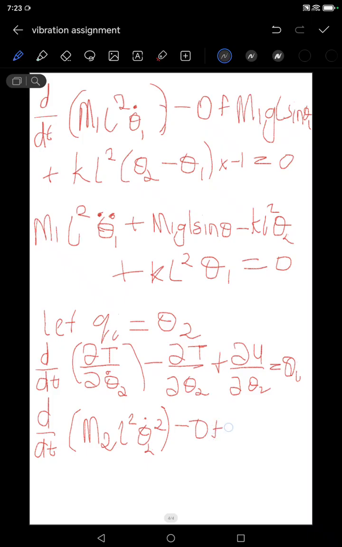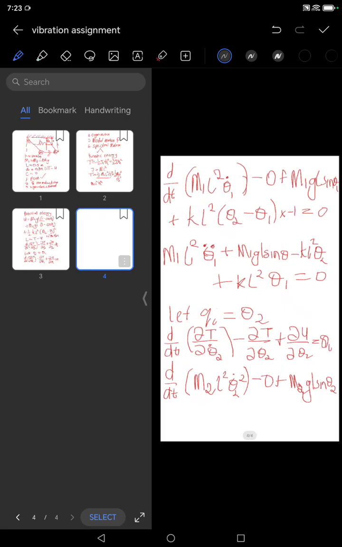Plus, on the potential energy we have m2gl into 1 minus cos theta 2. So when we derivate that, we're going to be left with m2gl sine theta 2, and then we also have the stiffness with theta 2. So when we derivate it, let me just go back.